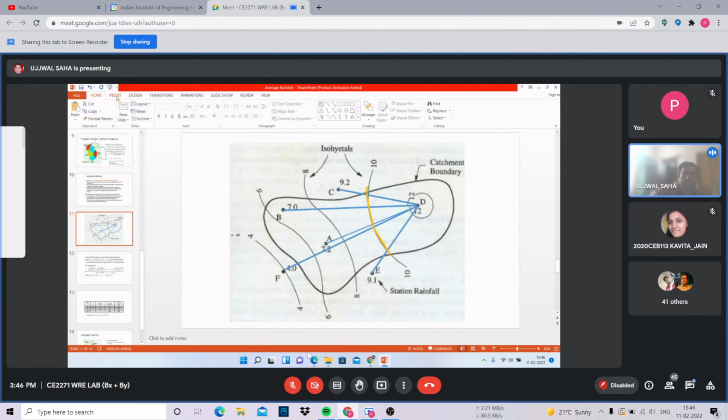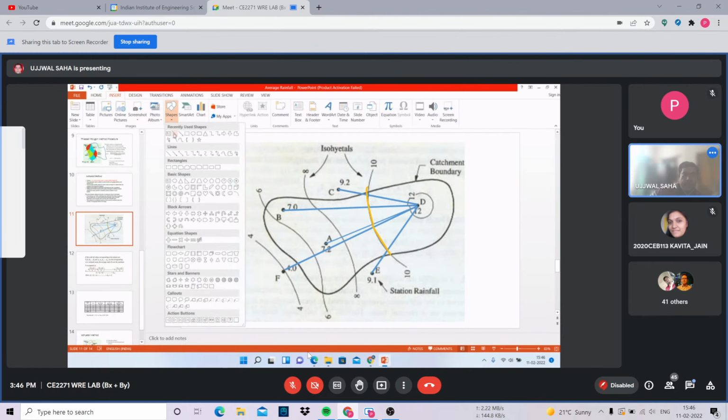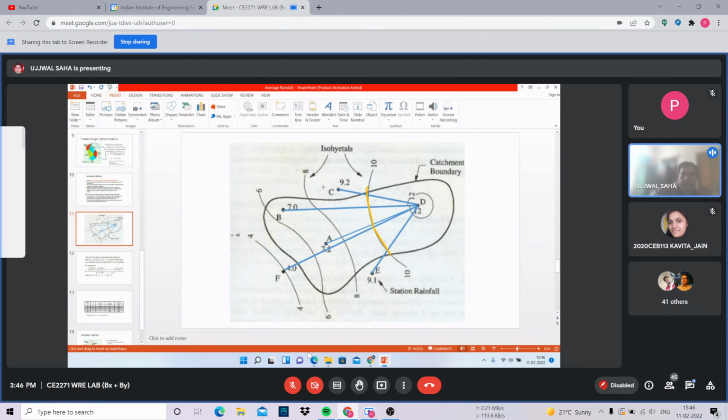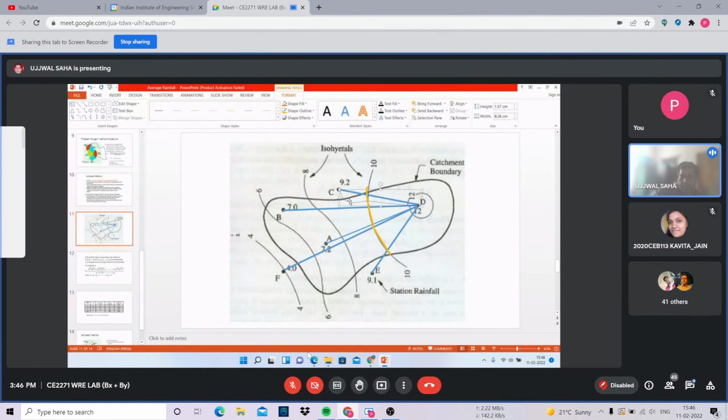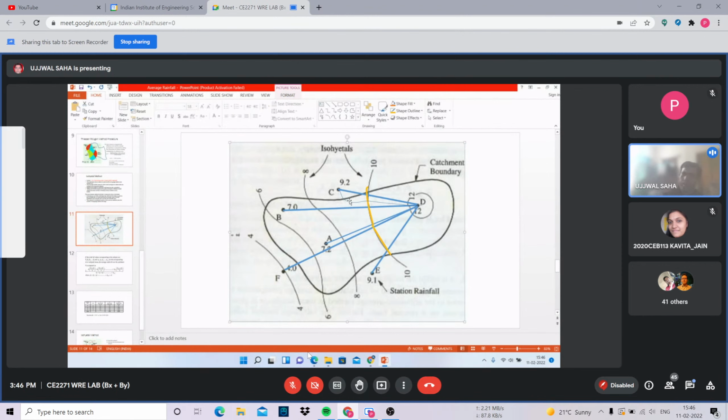The line can be anywhere, as you said. I can join it by anything like this, but for easiness we assume the steepest one is always the straight line.